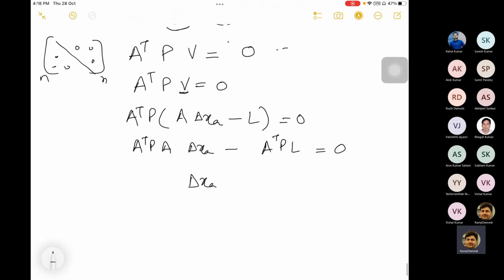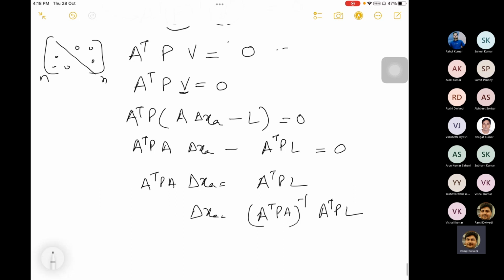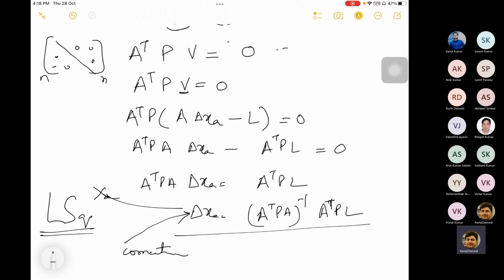Now delta X would be A transpose P A inverse A transpose P L. Now this X, or correction to the adjusted value, or if it is a direct value, let's say XA, is achieved through least square minimization with the help of the observation equation method.